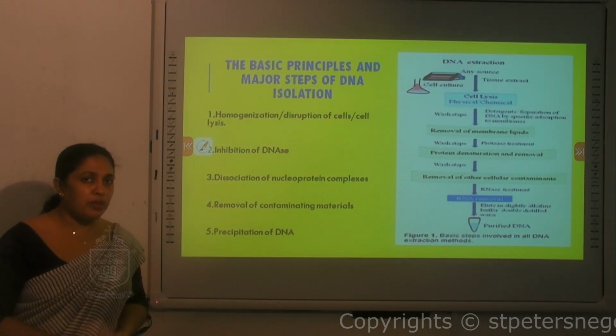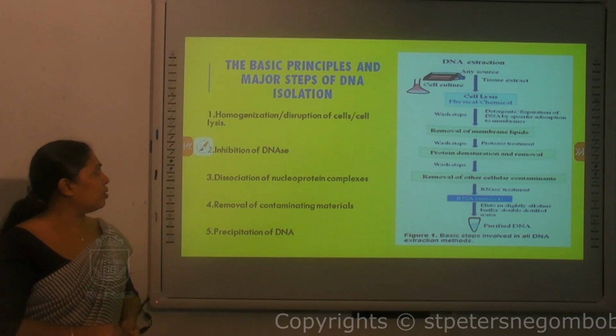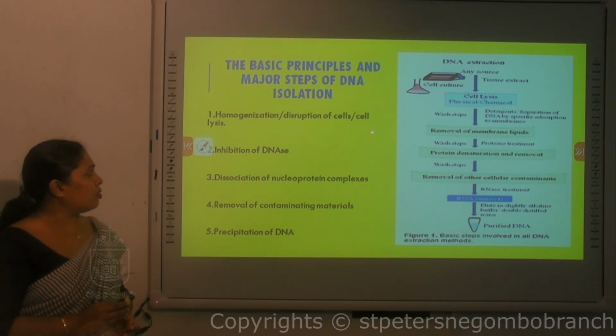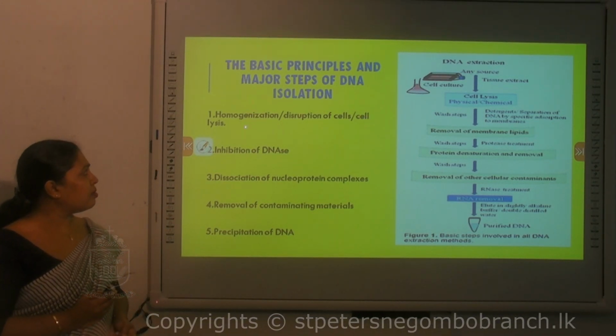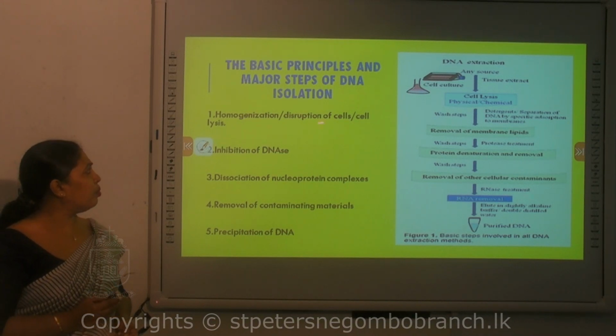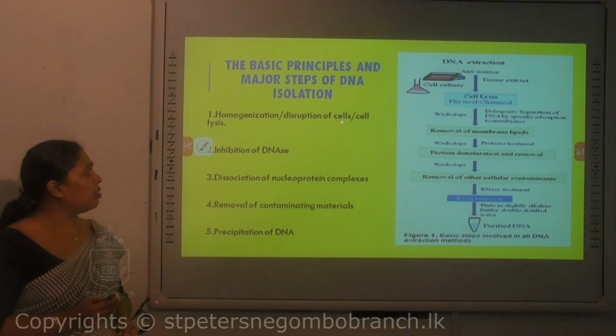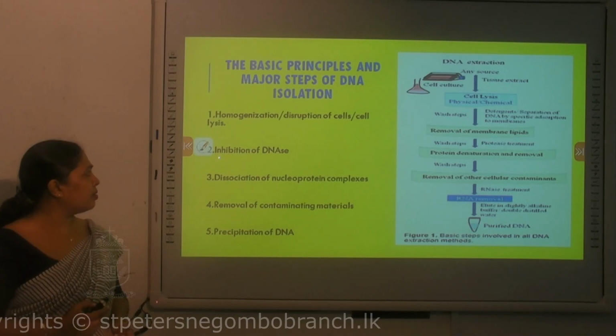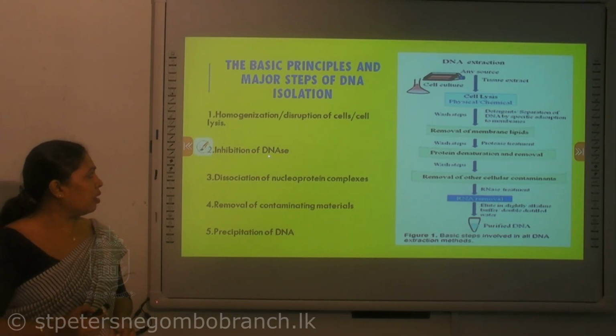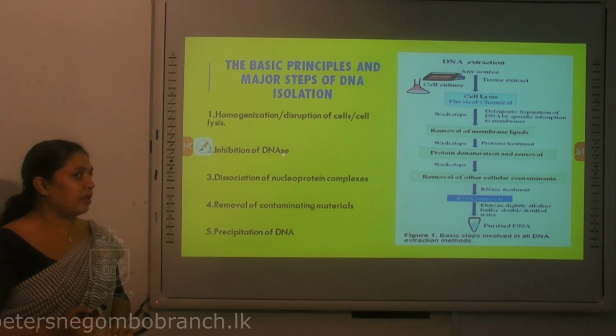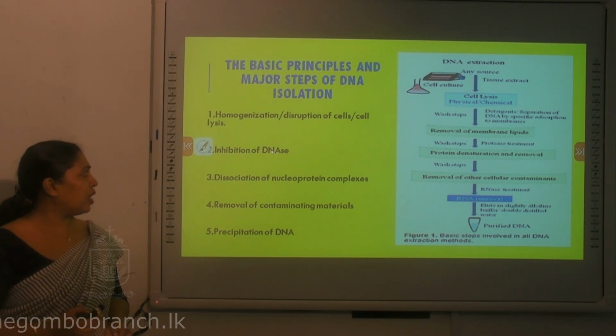This is the common procedure of DNA isolation. First, the DNA is inside the cells, so the cells should be disrupted, which is known as cell lysis. DNase is an enzyme in the cell that cuts or breaks the DNA, so we have to inhibit it.